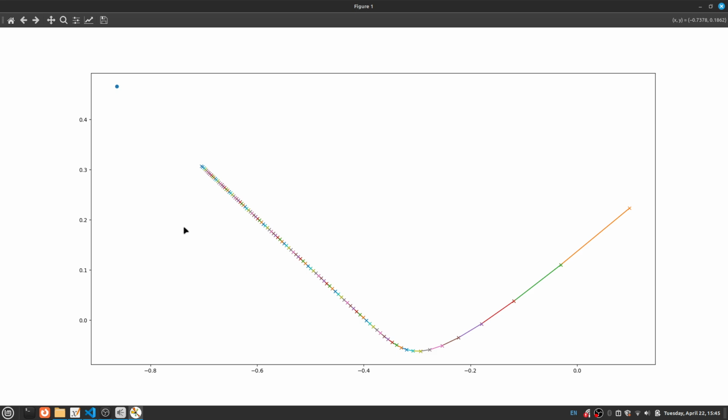This is kind of what the trajectory looks like, right? So this is gradient descent, and you can see maybe I should have also plotted the contour.